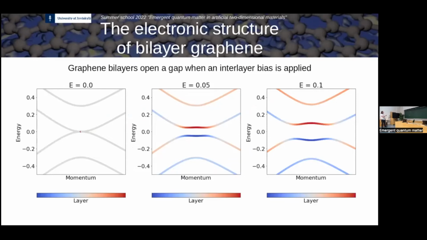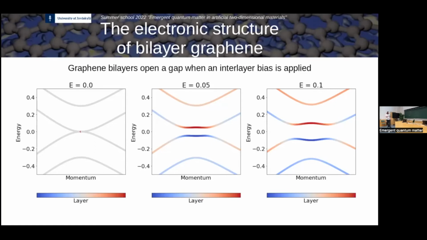Now if you start applying a bias between the layers, so you start making a voltage between the bottom layer and the top layer, what you see is that you can open a gap in this bilayer graphene. In monolayer graphene, there's no way of opening a gap just with biases, but in bilayer graphene, if you apply a bias, you can open a gap.